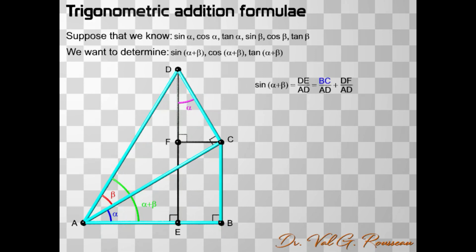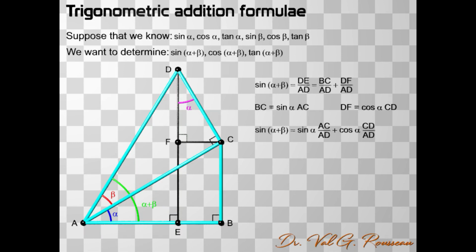Since sine alpha is BC over AC, we can rewrite this as BC equals sine alpha times AC. In a similar way, cosine alpha is DF over CD. Thus, DF equals cosine alpha times CD. If we substitute the expressions for BC and DF in the equation above, we get this new expression.